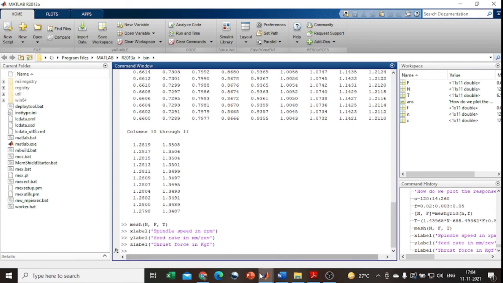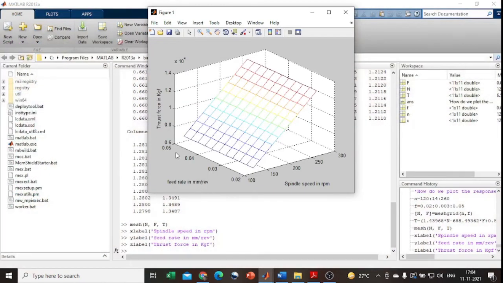Now you can see what happens with the Matlab graph. Yes, now we get the thrust force in the z-axis, feed rate in the y-axis, and the spindle speed in the x-axis. Likewise, we can plot 3-dimensional graphs or response surface plots with the Matlab software.